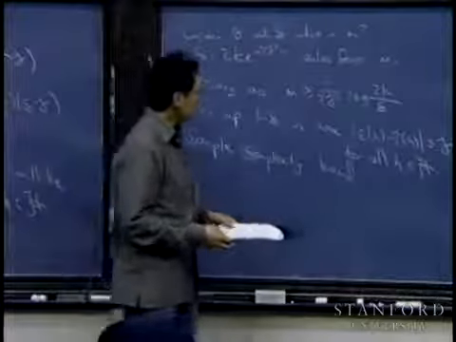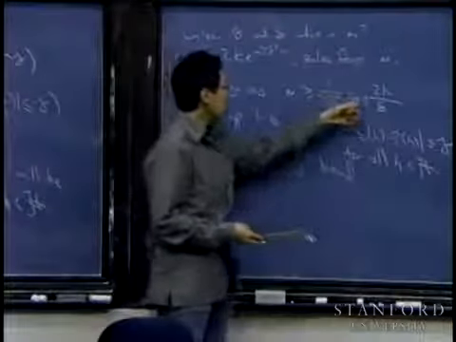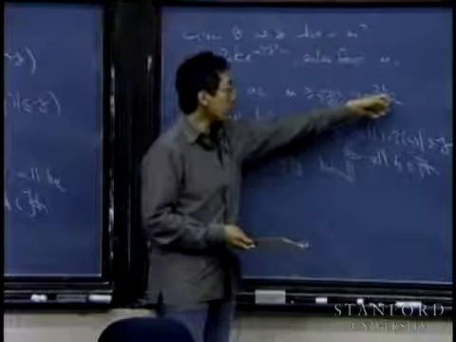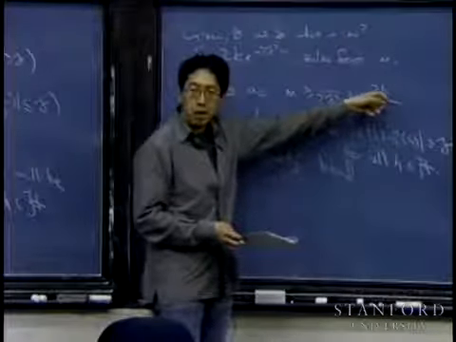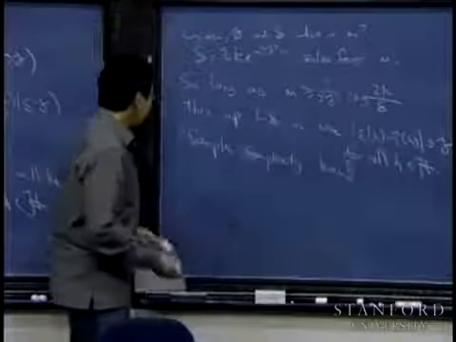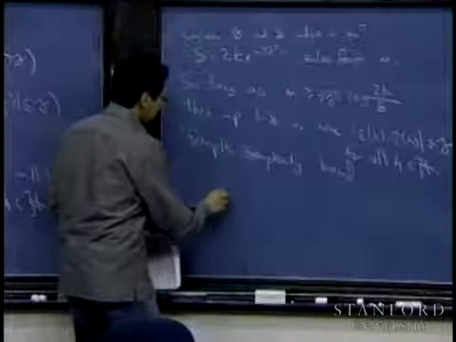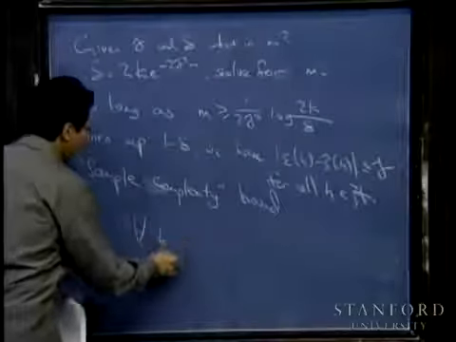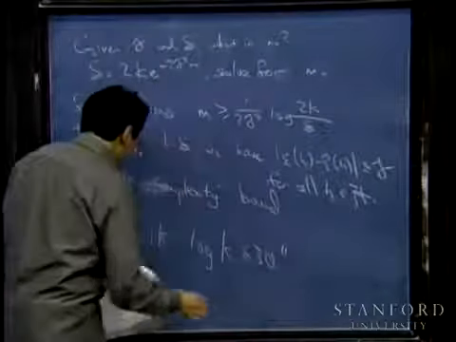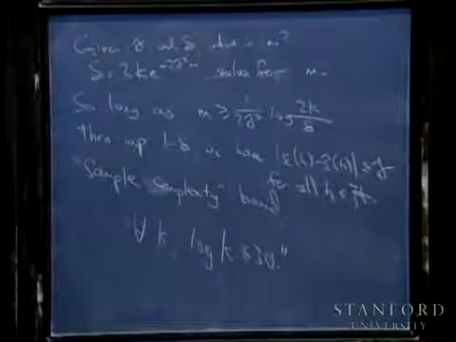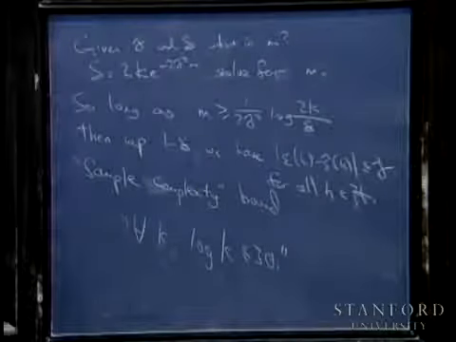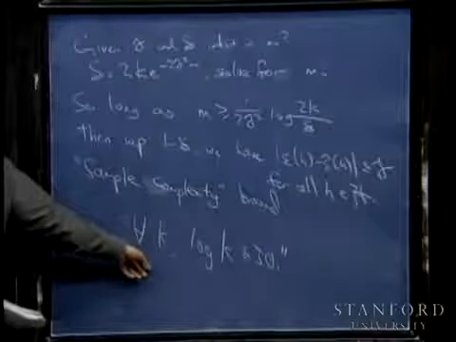The one thing I want to note here is that m grows like the log of k. The log of k grows extremely slowly as a function of k. The log is one of the slowest growing functions. I learned this from a colleague, Andrew Moore, at Carnegie Mellon: in computer science, for all practical purposes, for all values of k, log k is less than or equal to 30.